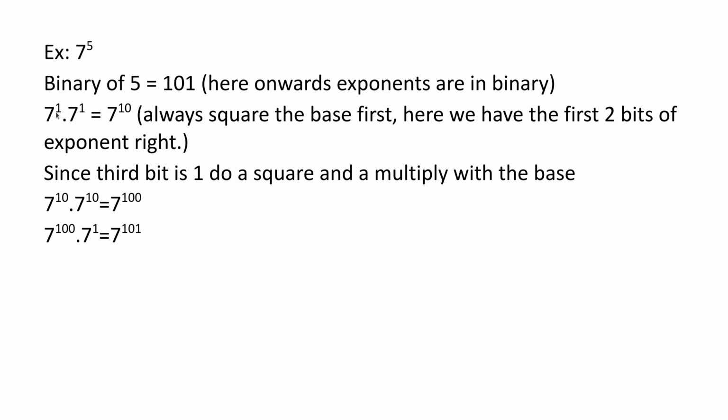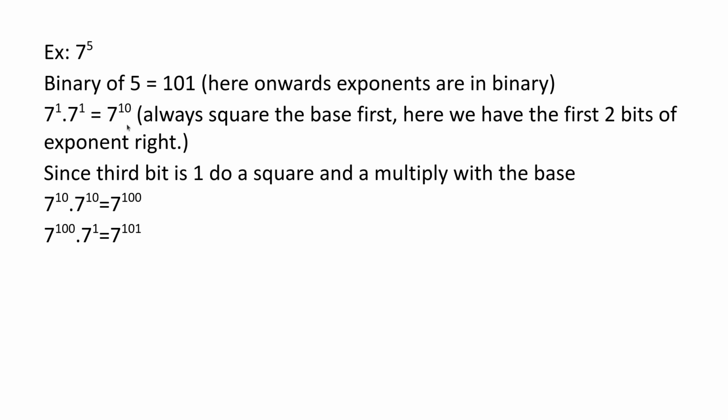So when you square the base, you have 7 raised to 1 into 7 raised to 1, which is 7 raised to 1 plus 1, that is 2, and in binary 2 is 10. So you get 7 raised to 10, and the first 2 bits of 5 are 1 and 0, so you don't have to do a multiply here.